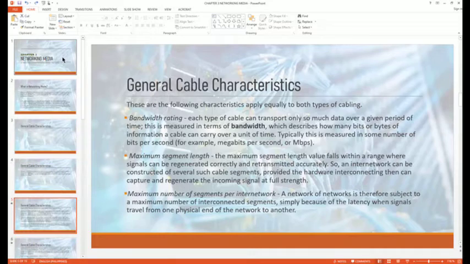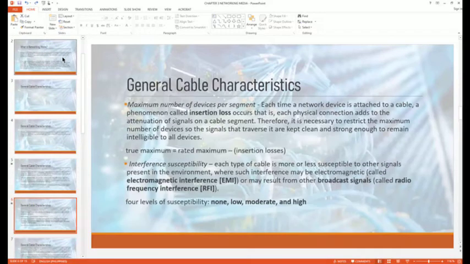The third one is the maximum number of segments per internetwork. A network is therefore subject to a maximum number of interconnected segments simply because of the latency when signals travel from one physical end of the network to another.